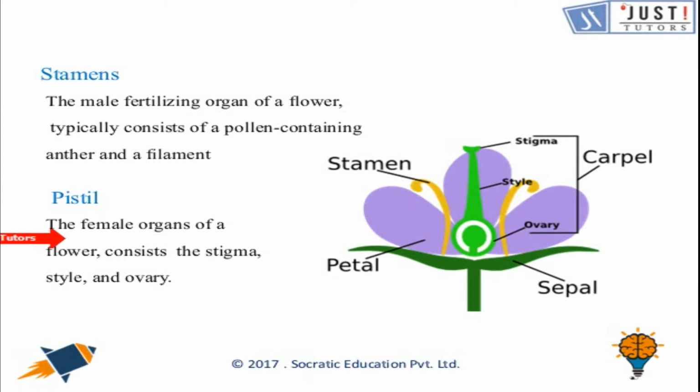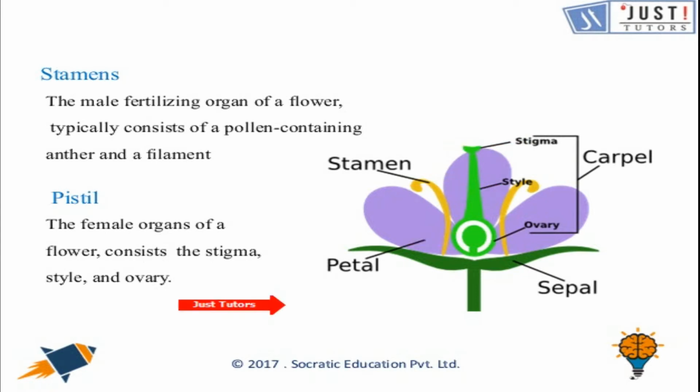The female organ of the flower consists of stigma, style, and ovary. So this is pistil. It consists of stigma, style, and ovary.